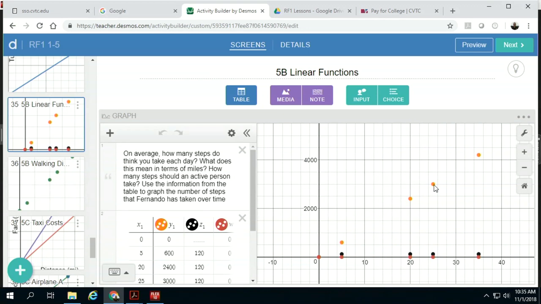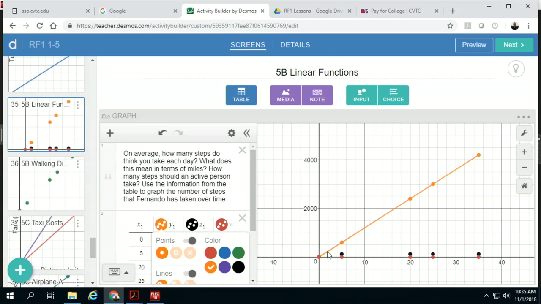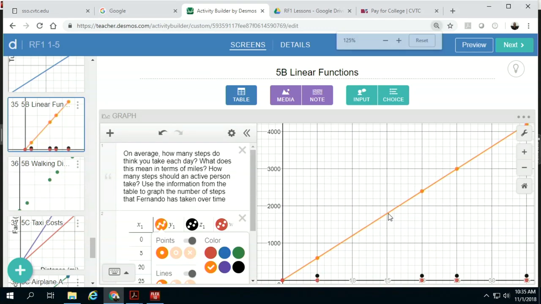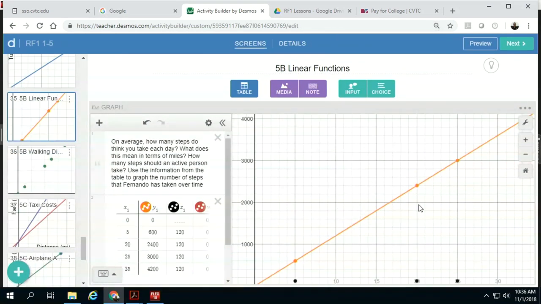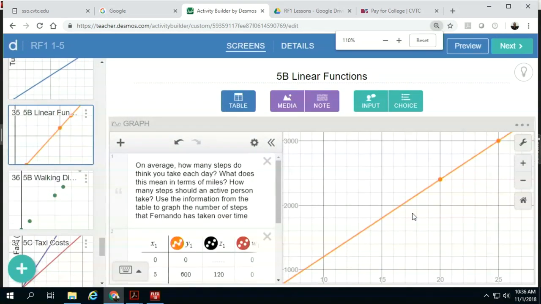Now, one of the things that I don't like is if we were to connect the dots, I'm going to zoom in here. That's not how you zoom in, Kevin.